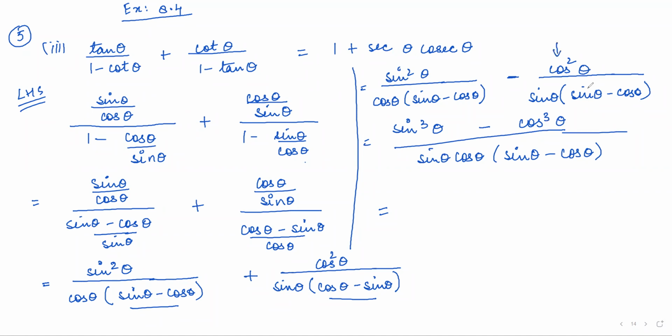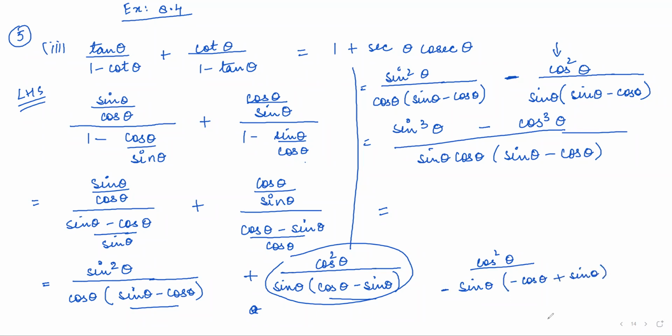This minus is actually coming from here. I'm just explaining this term, only this one. If I take a minus sign common, it will become cos square theta divided by sine theta, and I take a minus outside. So this will become minus of cos theta and plus of sine theta.